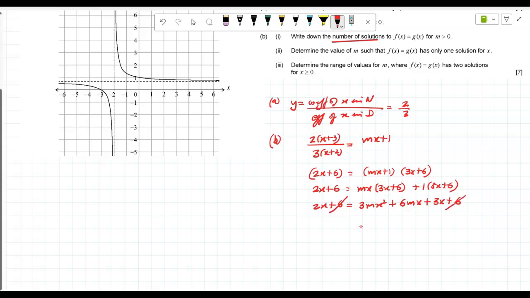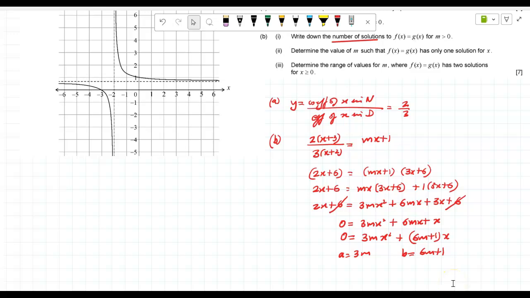This and this cancel out. So 0 is equal to 3mx squared plus 2mx plus 3x minus 2x, which is x. So 0 is equal to 3m x squared plus (2m plus 1)x. So a is 3m, and b is 2m plus 1.